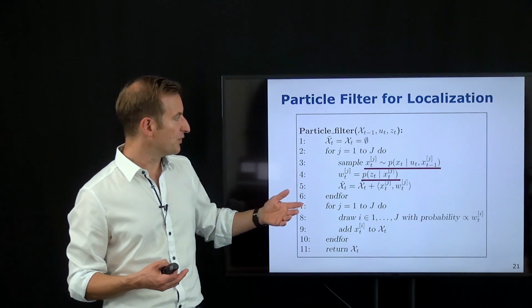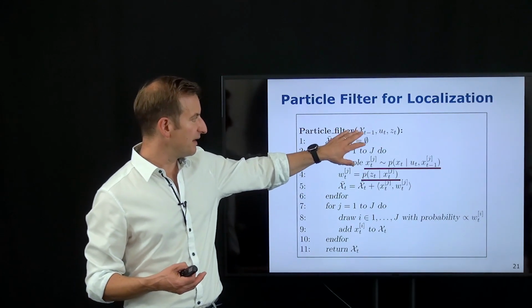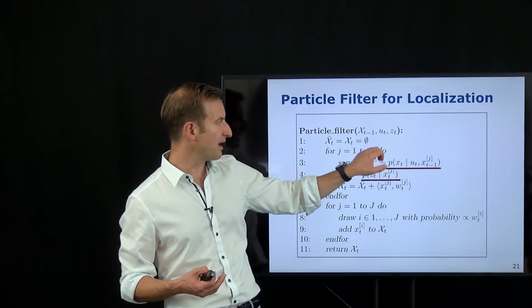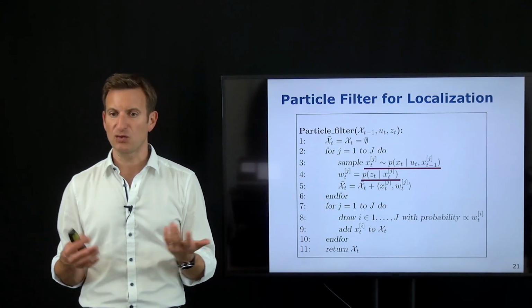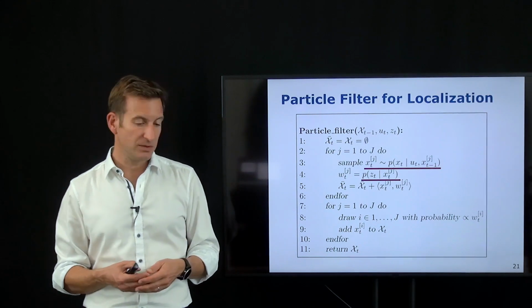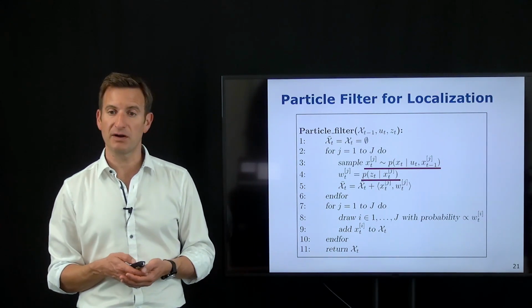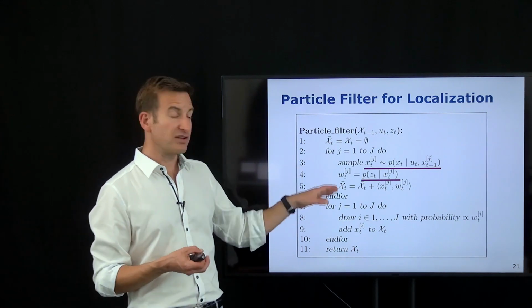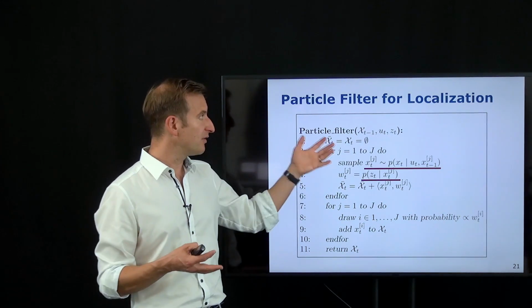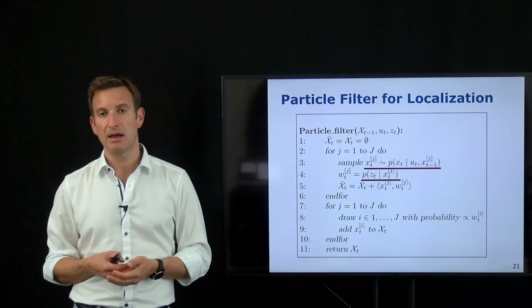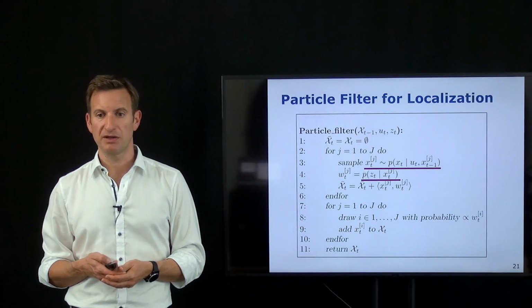And what we also need to take into account, which is not really written in here, is that the dimensionality of this x_t, so of the sample itself, is the x, y, yaw or x, y, z, yaw, pitch, roll position of my platform in the environment. Okay, and that's it. The rest stays exactly the same. Standard out-of-the-box particle filter algorithm. I only plugged in my motion model and my observation model in here.